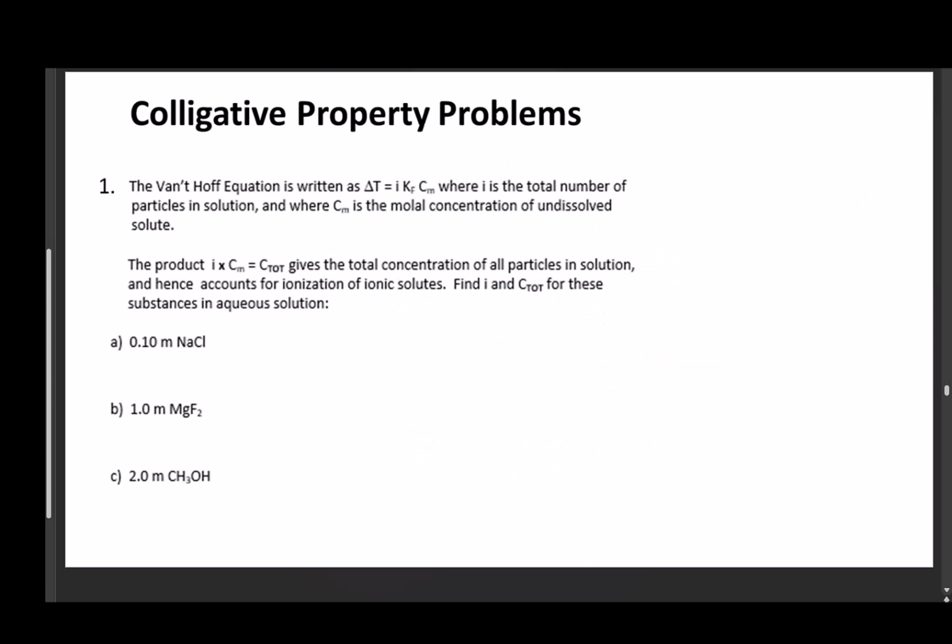All right, so next we're going to look at some problems from this section. This one is more conceptual. So this equation has the i in it. From my viewpoint, you could just write this equation like this, where that's the total concentration of all ions in solution.